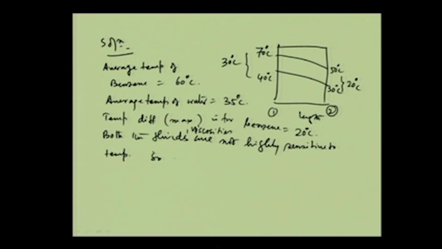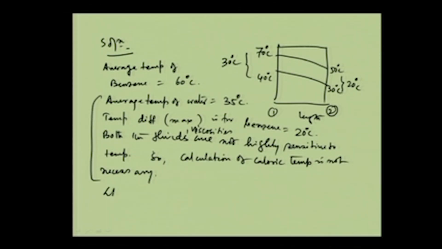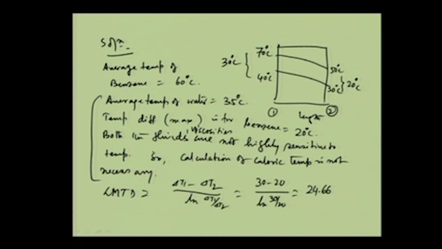So, calculation of caloric temperature is not necessary. That is one point. Second point is that LMTD is equal to delta T 1 minus delta T 2 by ln delta T 1 by delta T 2, and that is equal to 30 minus 20 by ln 30 by 20, and that is equal to 24.66 degree centigrade.